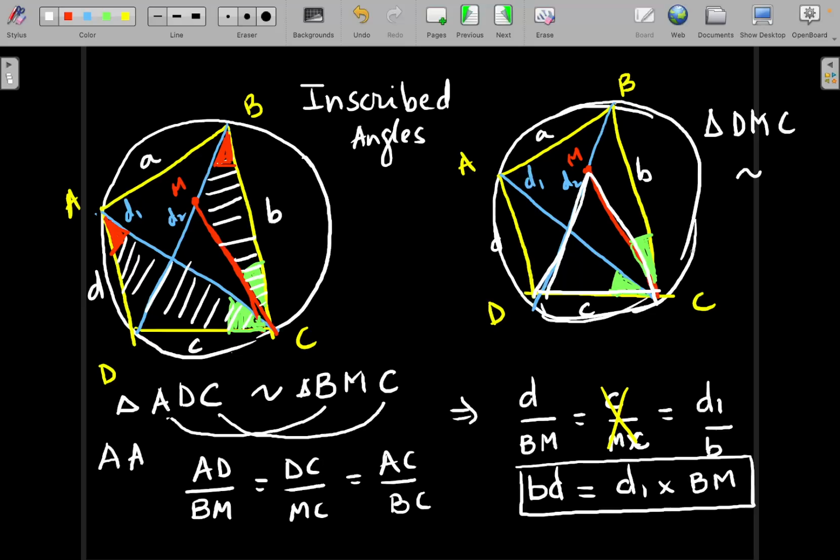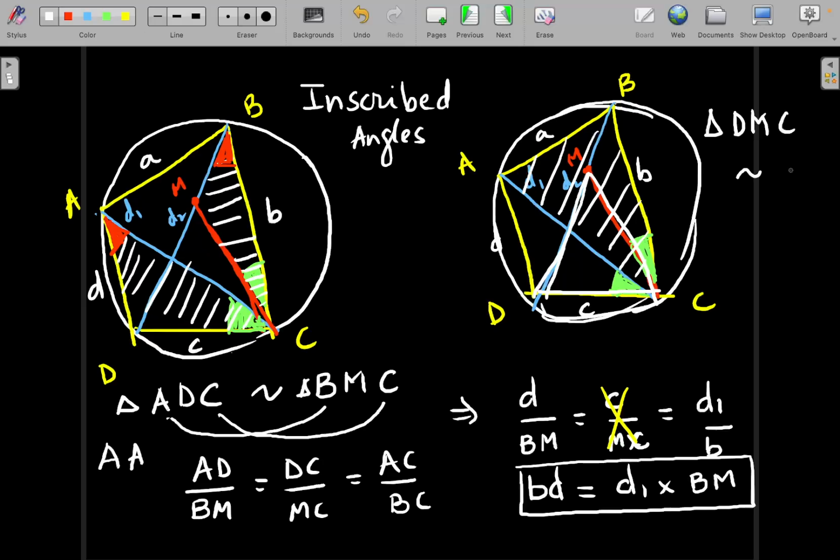DMC is going to be similar to, I'm going to mark the other triangle now with white, which is this triangle. Just going to mark it. Hopefully it will not be very confusing. This is triangle ABC. Now let's see.